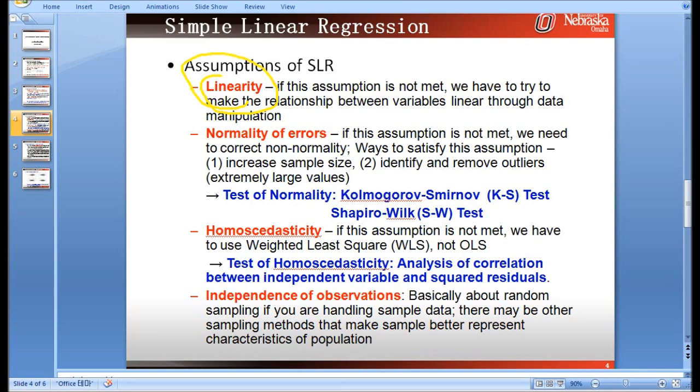If the correlation is curvilinear, we learned about this, the correlation can be non-linear or curvilinear. Then we have to make it linear because of this assumption of linearity.